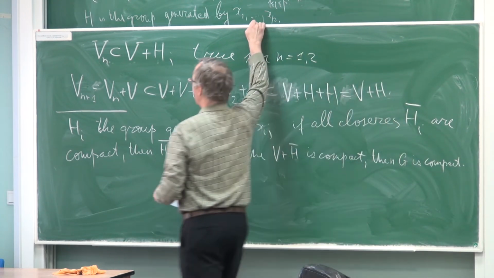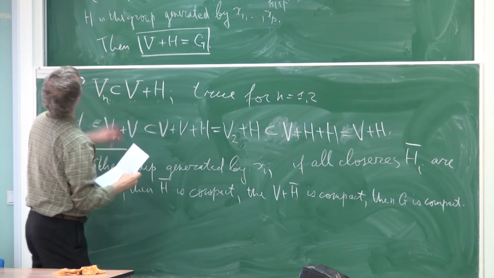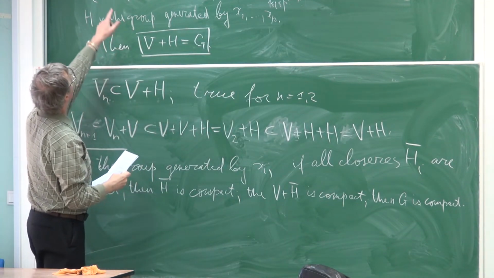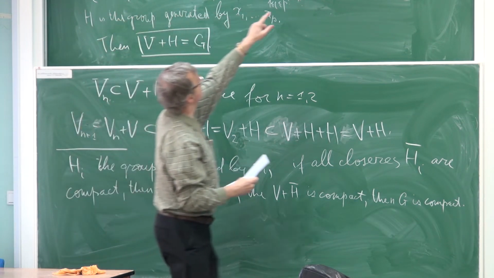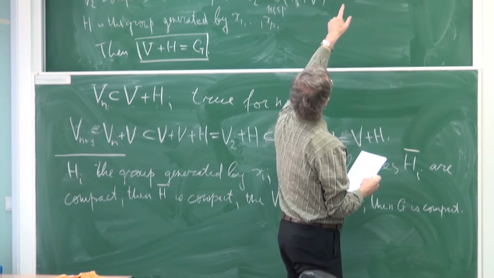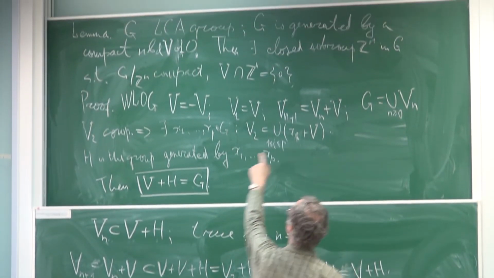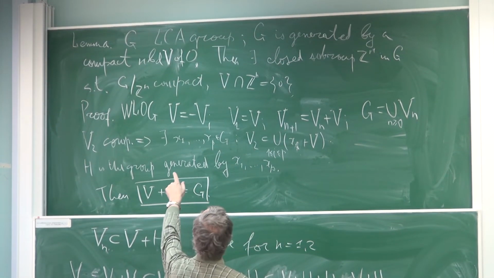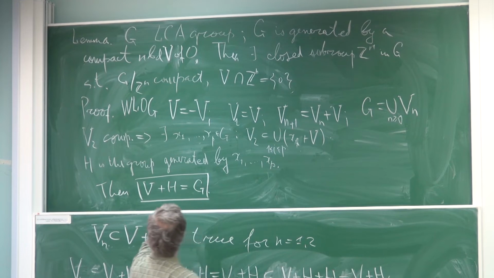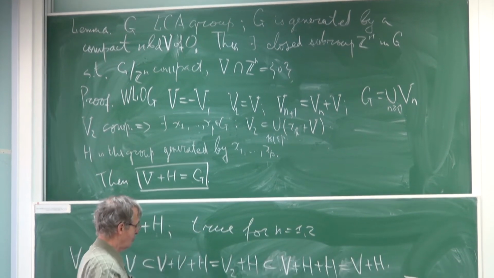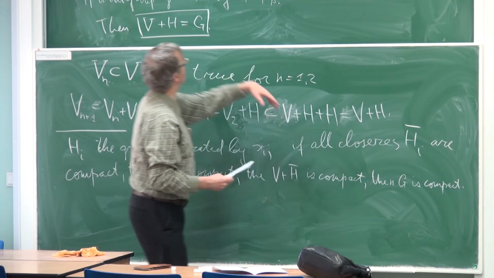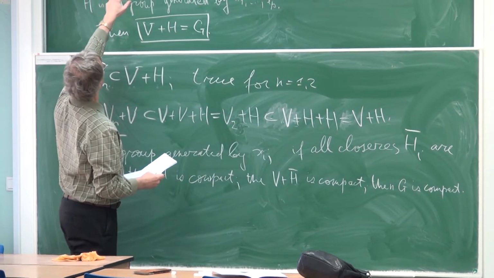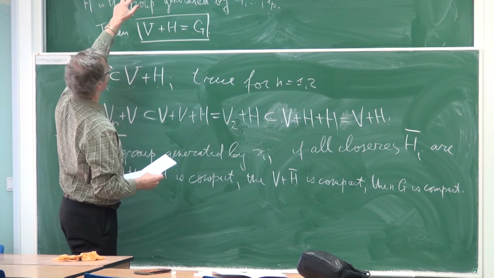Well, and I remind you that our claim is that there is a closed subgroup of type Z to the power n in G, so that the quotient is compact. But we have proved that under this condition G itself is compact, so then the statement is true simply with n equal to 0.